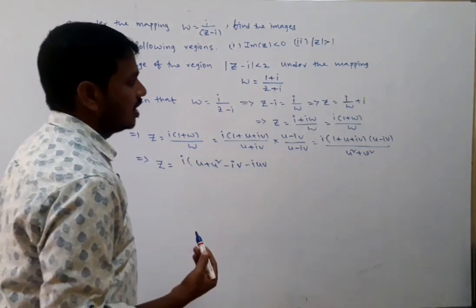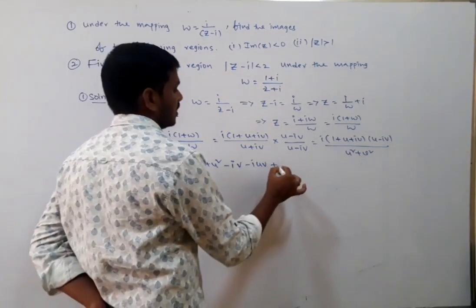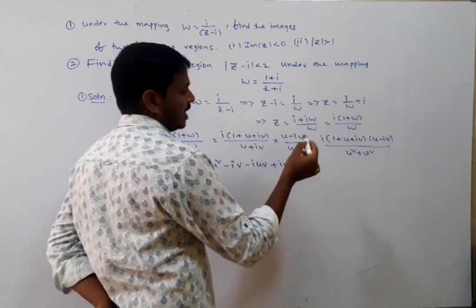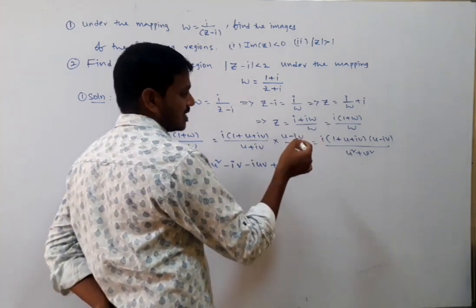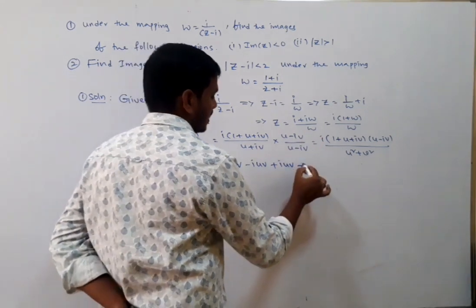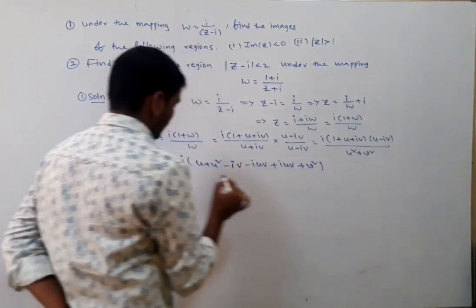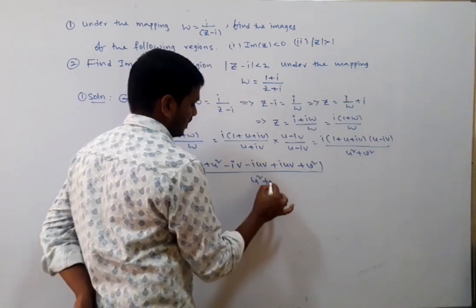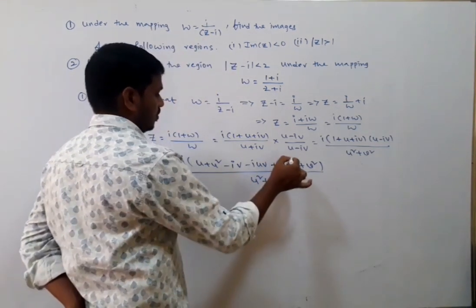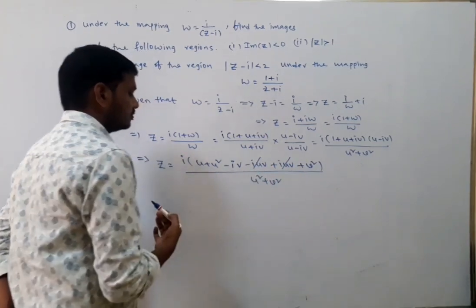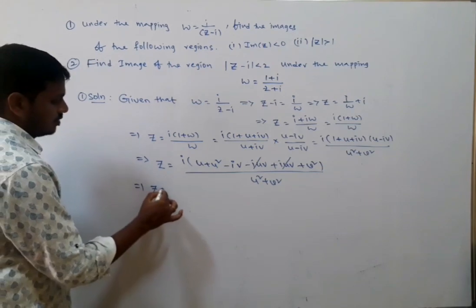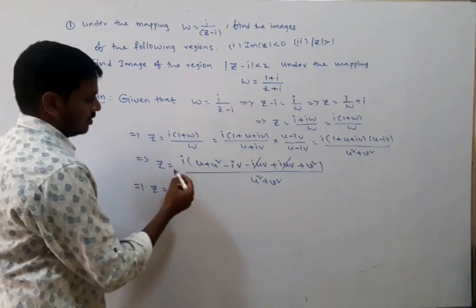Next iv into u plus iuv. Plus, and i into i square is equal to minus 1, that minus into minus plus, here it is v square, divided by u square plus v square. The iuv gets cancelled.